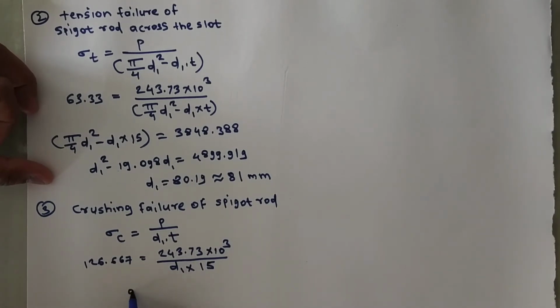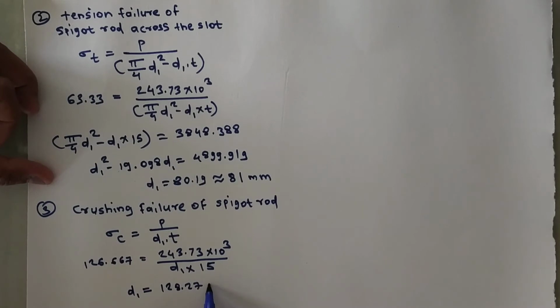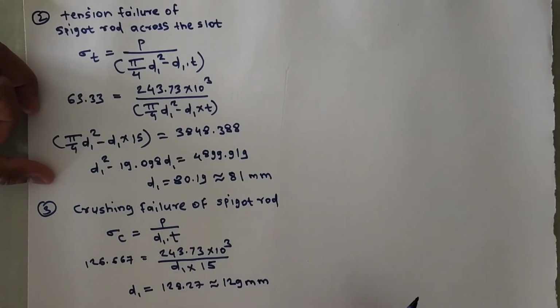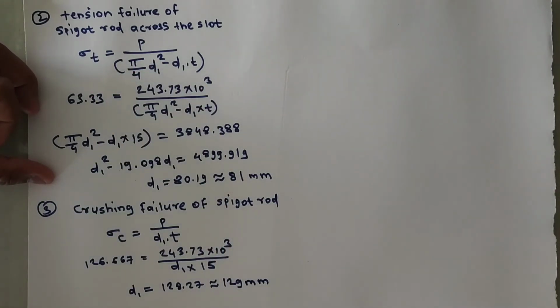So d1 we got here as 128.27. We will take it approximately as 129 mm. So we got 2 values of d1, one from the spigot rod in tension failure and one from the crushing failure of the spigot rod.